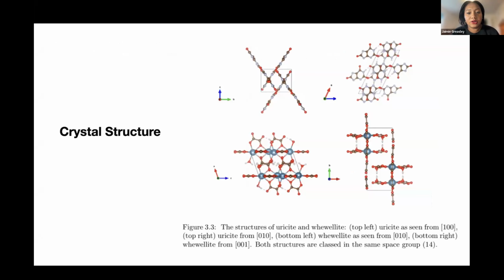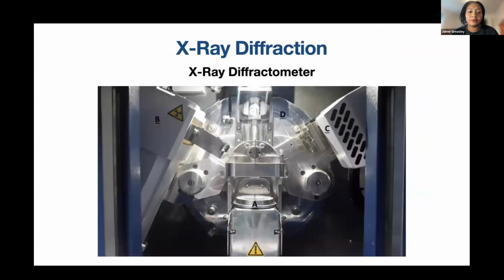Crystal structures are regularly ordered atoms and molecules. And because of this periodic ordering of atoms and molecules, we're able to use interesting techniques, such as X-ray diffraction, to get information on its structure.